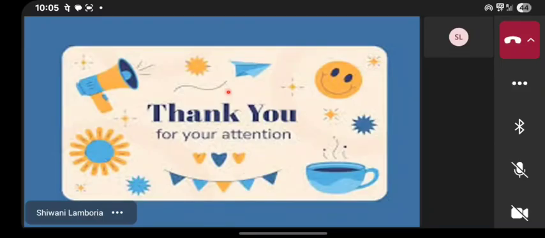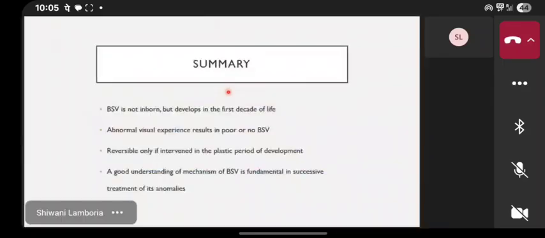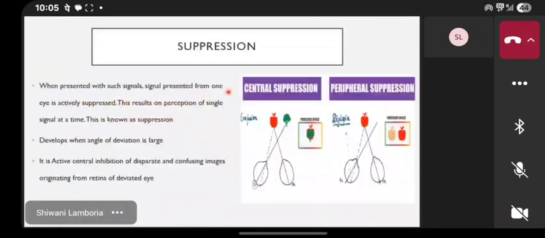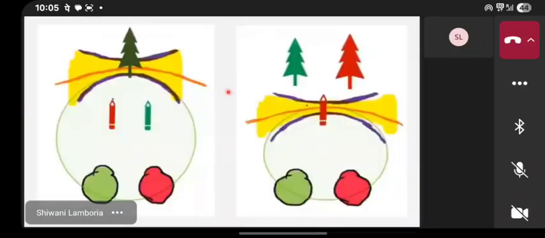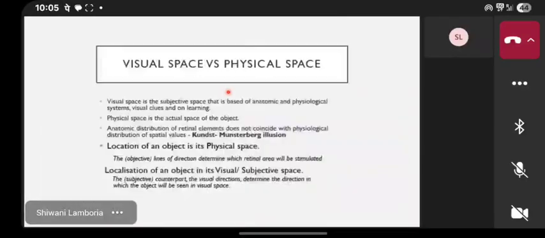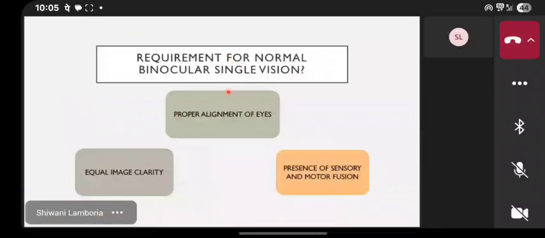So there should be sensory and motor fusion, there should be no squint, and there should not be any opacity or any significant refractive error in one of the eyes.